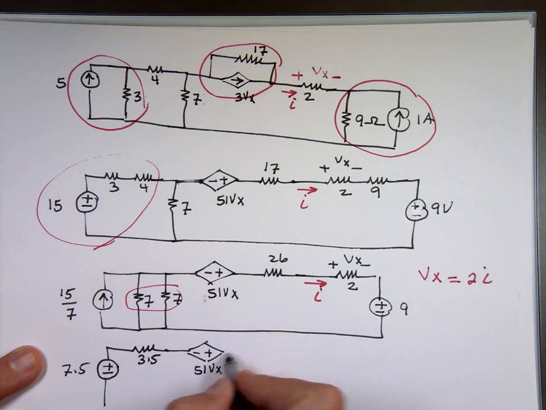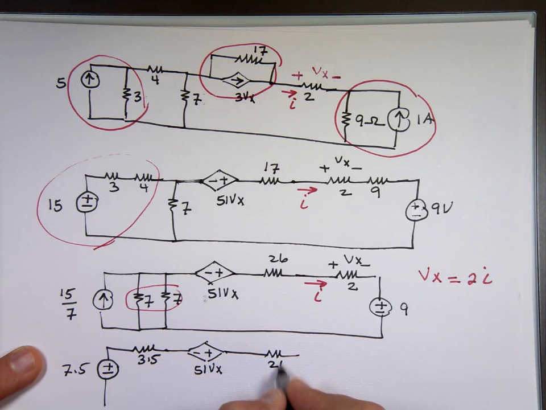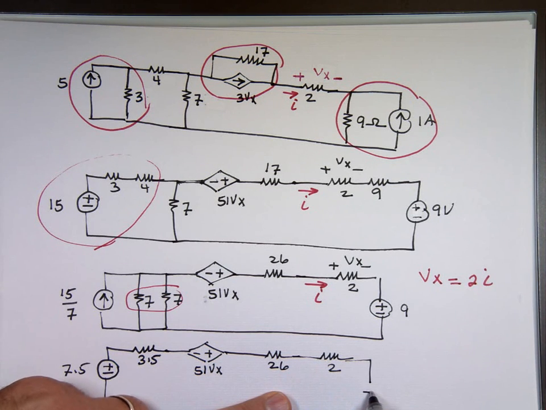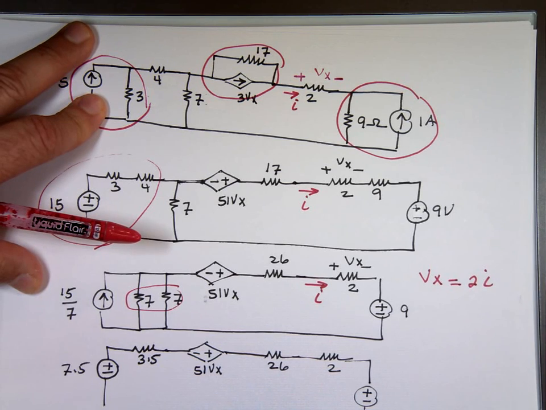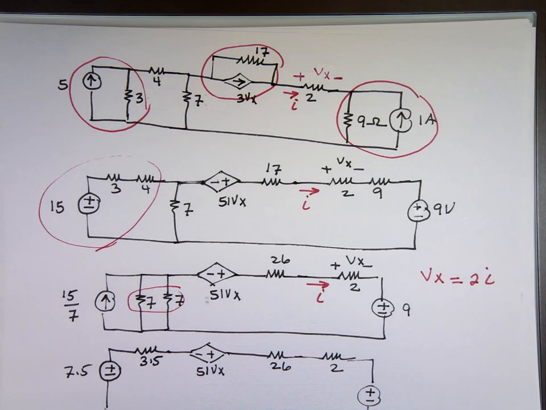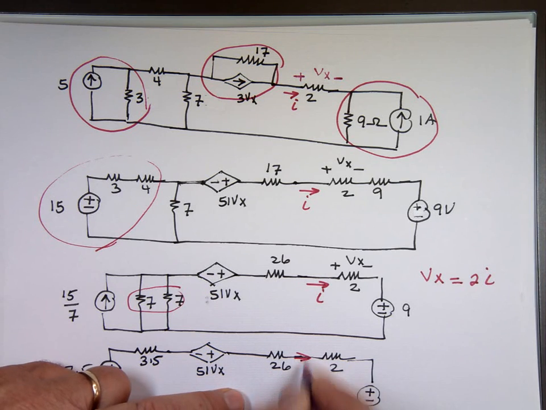I can combine these guys if I want to. I can leave them alone, no big deal. Either way is fine. Could have done a source transformation on 9 and 26. I could, but now it's actually one single mesh here. See how now it's one loop? And if I'm looking for I, I'm in good shape. There's my I.